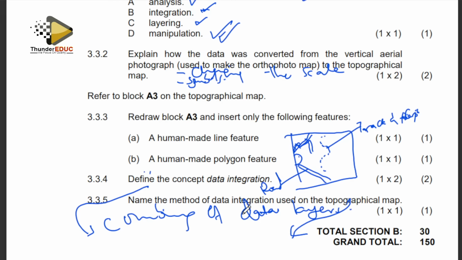Name the method of data integration used on the topographic map. What is that? The method of data integration used on the topographic map is data layering, or data layers. Because on the topographic map you can see the roads, like check here.